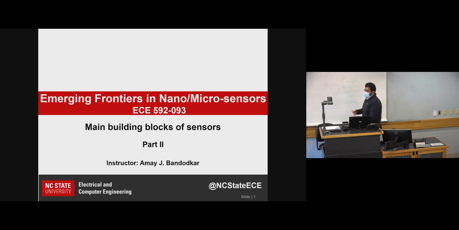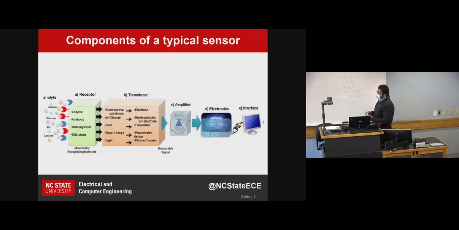So we know analyte is the parameter, the chemical that we want to monitor. Receptor is the stuff that selectively interacts with our parameter of interest to produce a specific signal. And this interaction is translated into some sort of readable signal, electrical or optical, by the transducer.